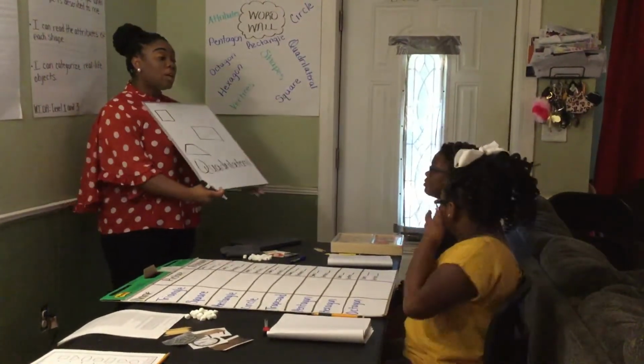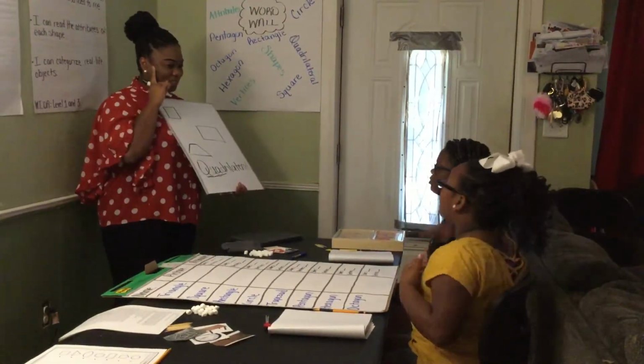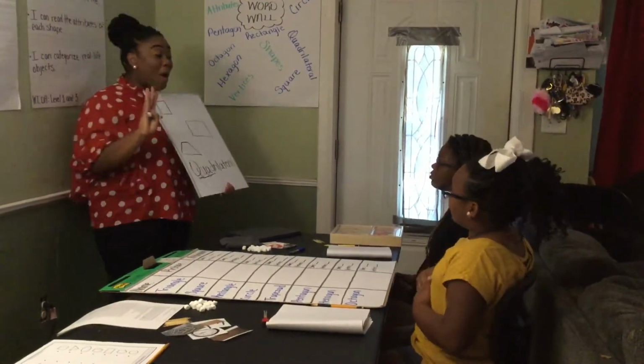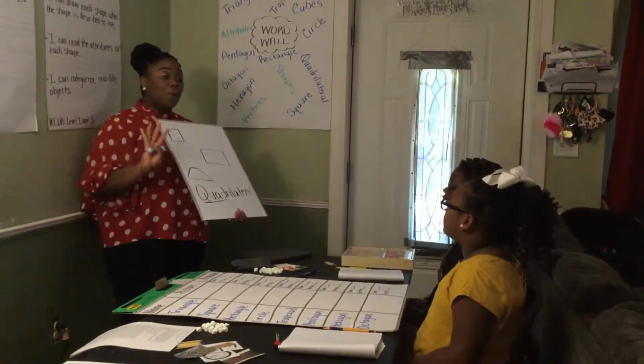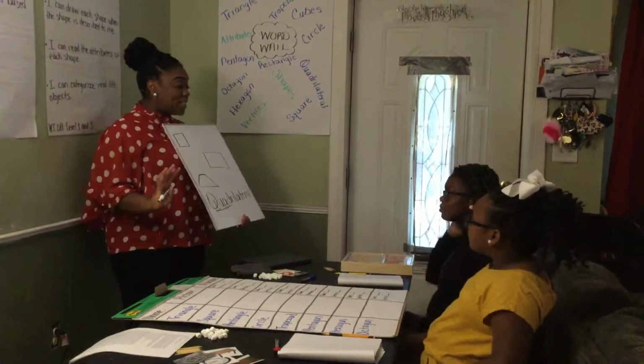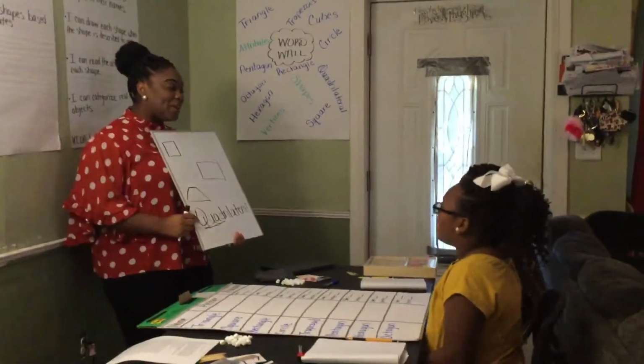Quadrilaterals. The word quad, can we guess what quad means? 4. Quad means 4. So these 3 shapes have 4 sides and 4 vertices, so they all go in the category quadrilateral.